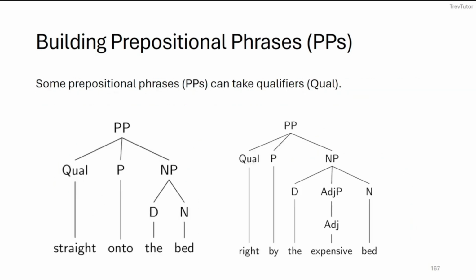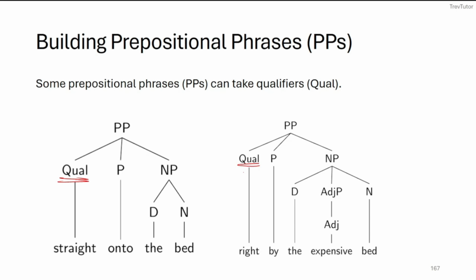Now, there are some cases where you can modify, or I should say specify, prepositional phrases with qualifiers. So onto the bed or by the expensive bed, we can say straight onto the bed or right by the expensive bed. It's a little bit weird to say that these answer how something is being done or how onto something is. You can think of it as like a proximity or directional kind of thing.